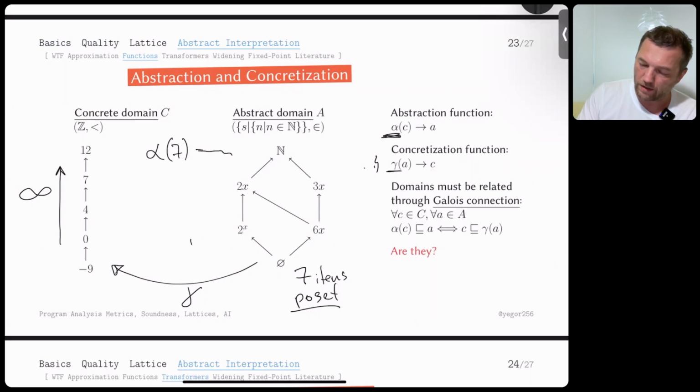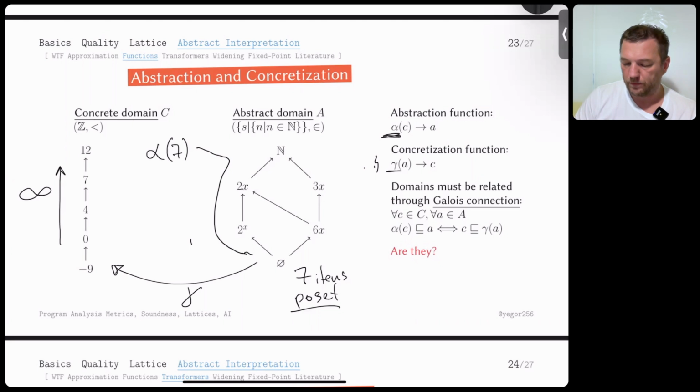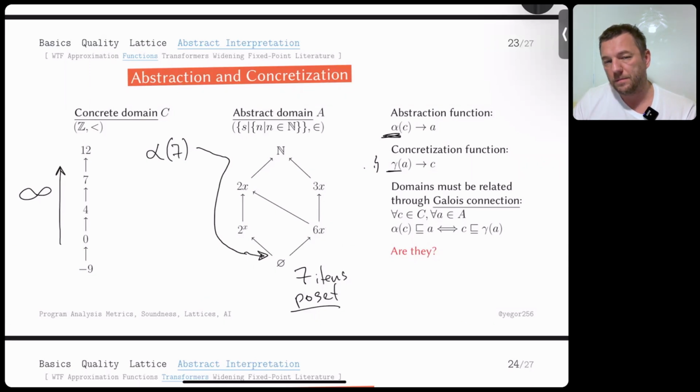If I say alpha 7, then 7 goes probably here. So it means that we don't reason about this. So it's under approximation in this case. So 7 for us is like an empty set.